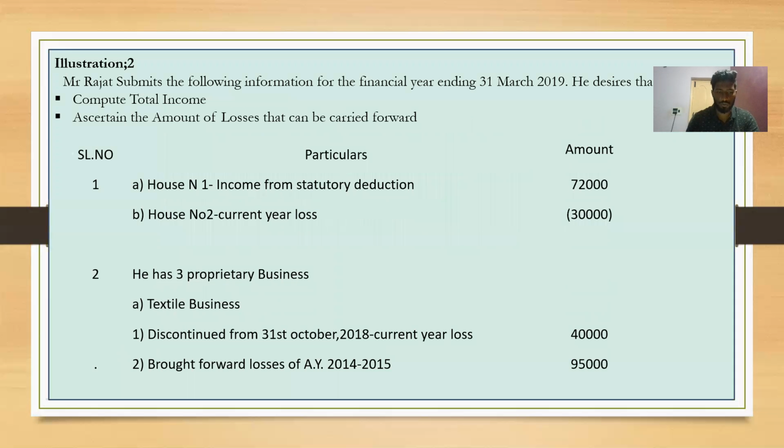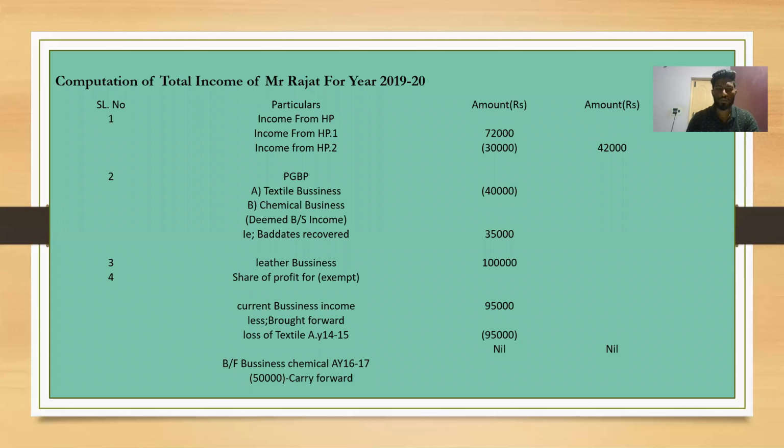There is one loss of textile business which we can set off against the same head of income, which is PGBP. So we are setting off the losses against the profit, which is 1,35,000 minus 40,000, which leads to 95,000.